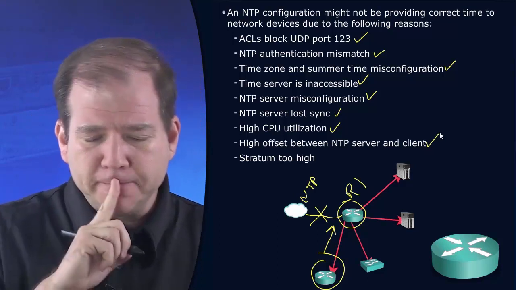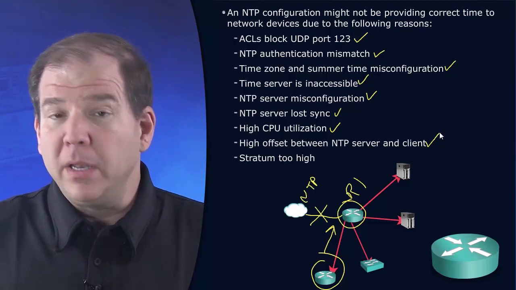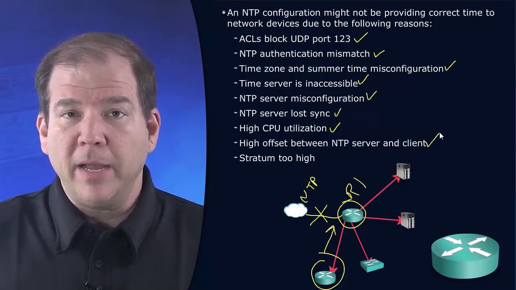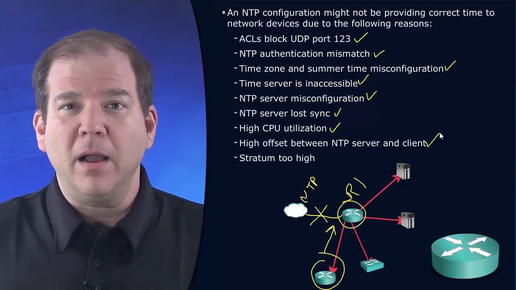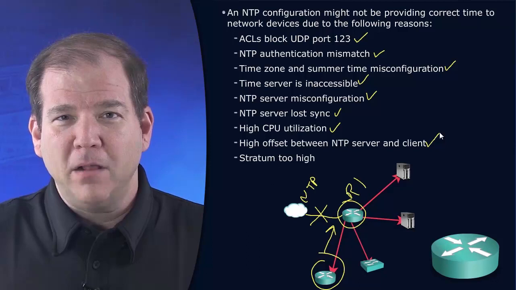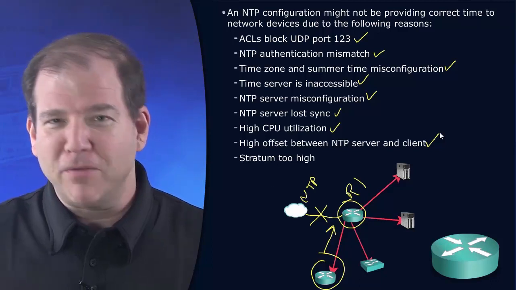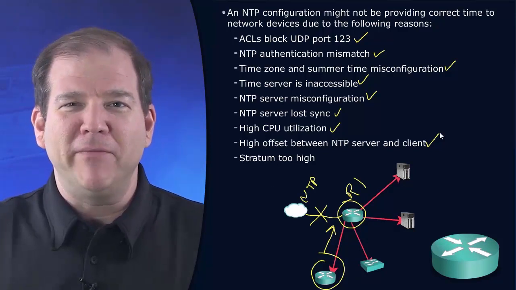Something else to keep in mind is something called a stratum value. The believability of a time source is measured by that time source's stratum value. If we have some atomic clock out on the internet, that atomic clock might have a stratum value of 0. That's considered to be the most authoritative source. If there's some cesium clock out there, maybe it's got a stratum level of 0.